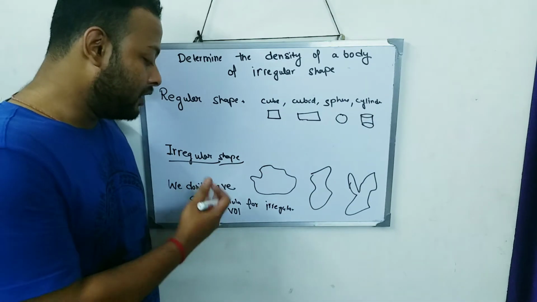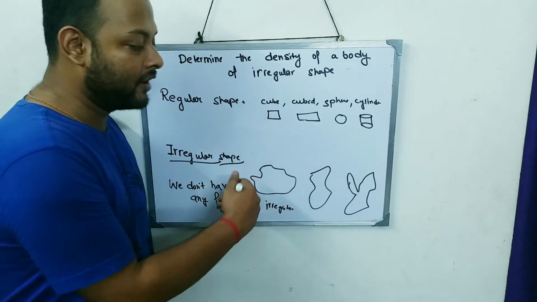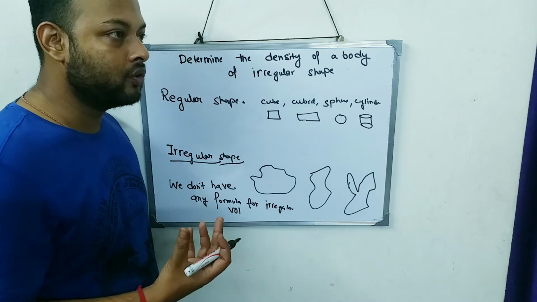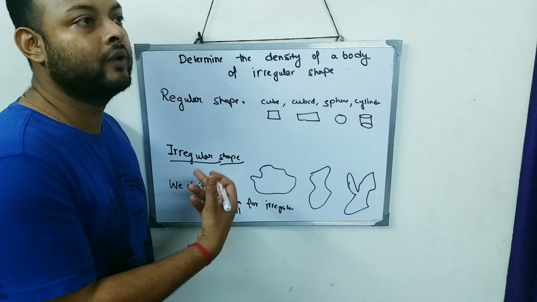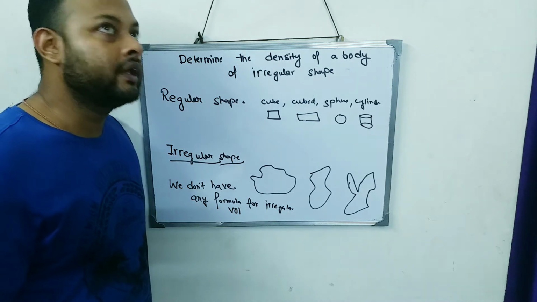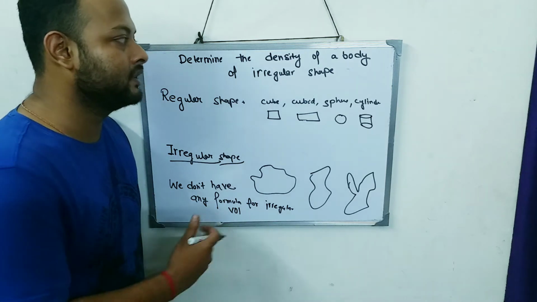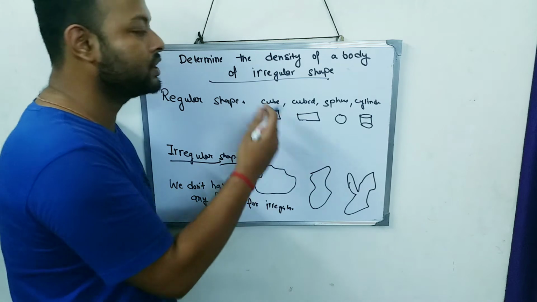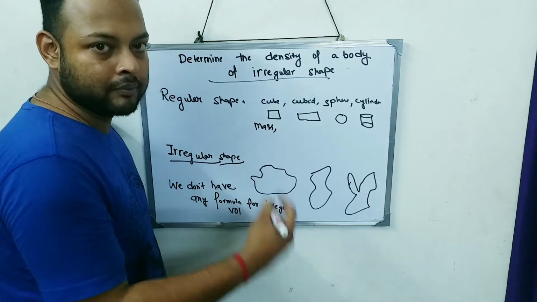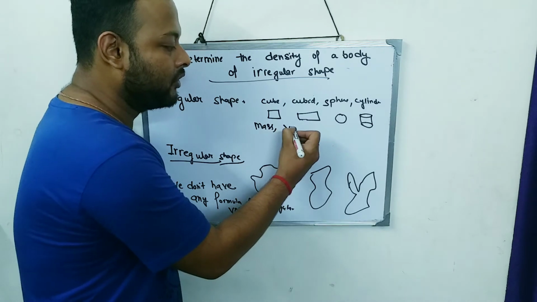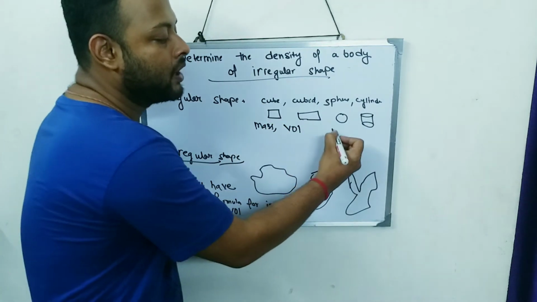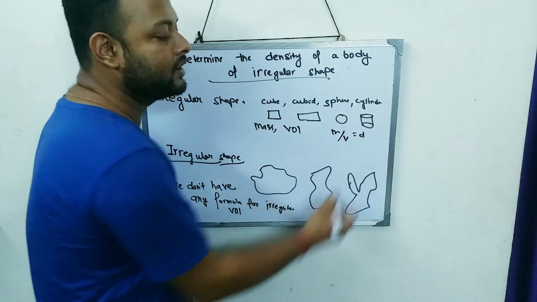Now if we can't find the volume, can we find the density? If we don't have a formula to find the volume, then how to determine the density? So that is our topic. For regular shapes, we can get the mass by using a beam balance. We can get the volume using the formulas, and mass by volume will simply give you the density.